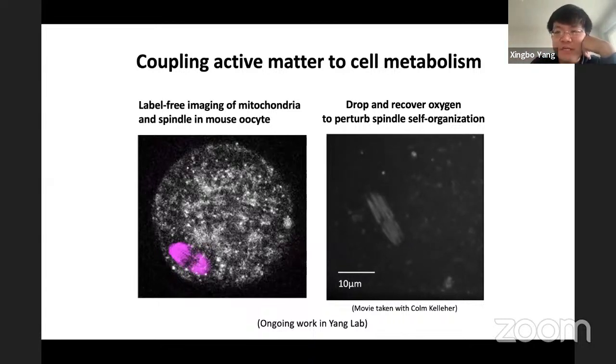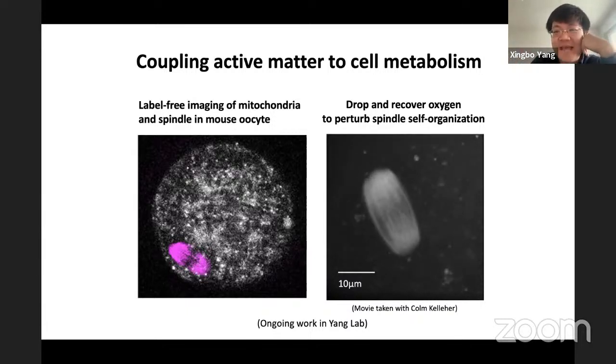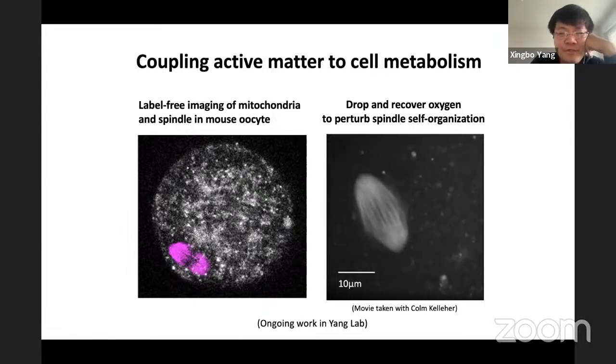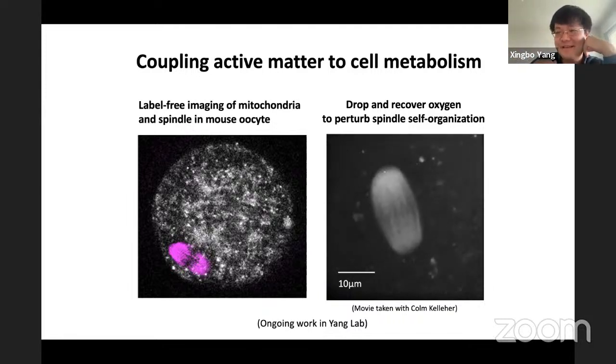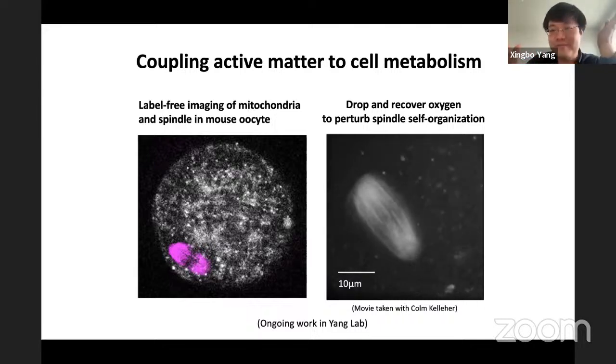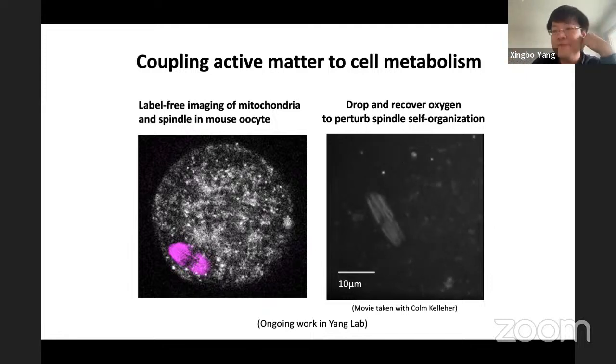People have asked this kind of question, and there's one work which stirred up a lot of debate, saying mitochondria is pretty hot. They claim that mitochondria can be up to 50 degrees centigrade, or about 10 degrees hotter than the cytoplasm, the rest of the cell. So this is like a local furnace. And if you inhibit the mitochondrial respiration, you can decrease that temperature difference.